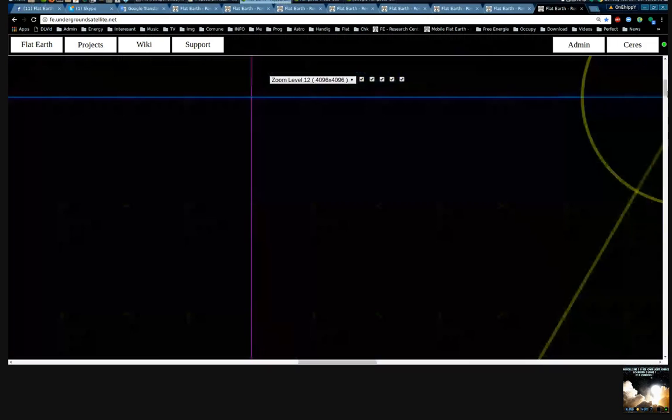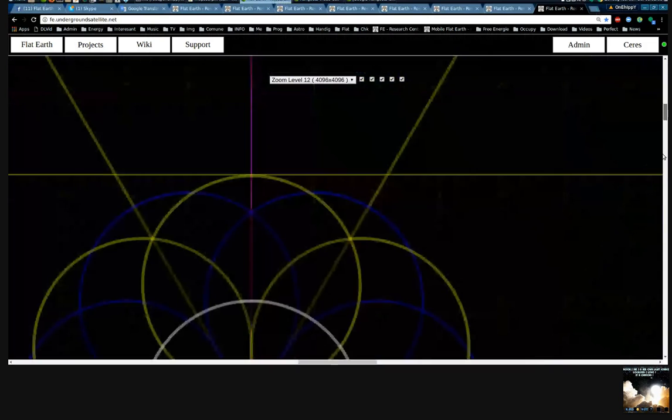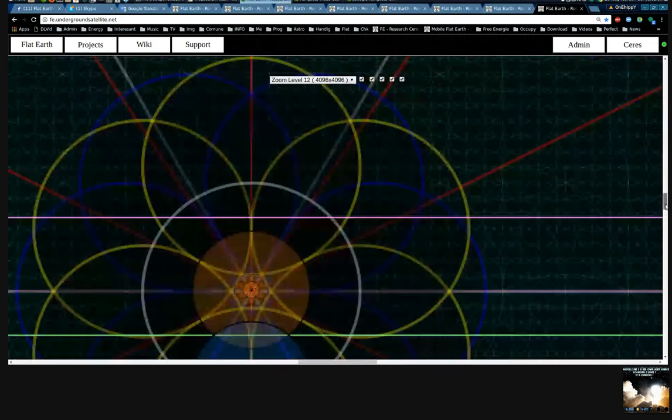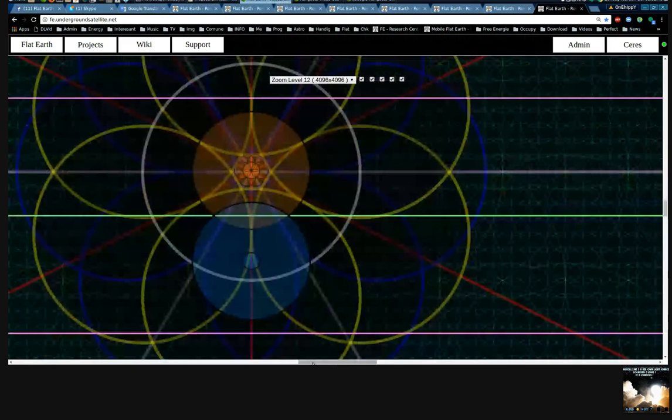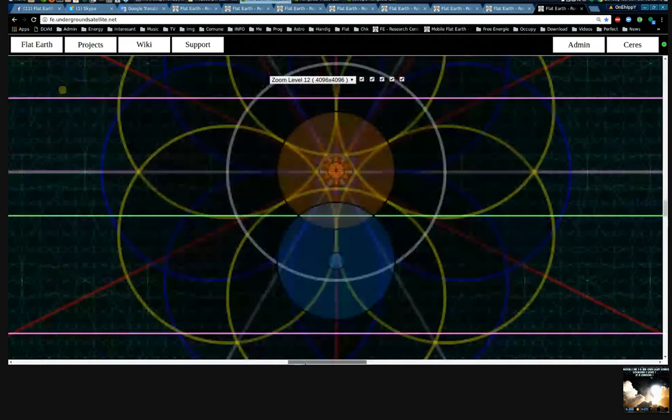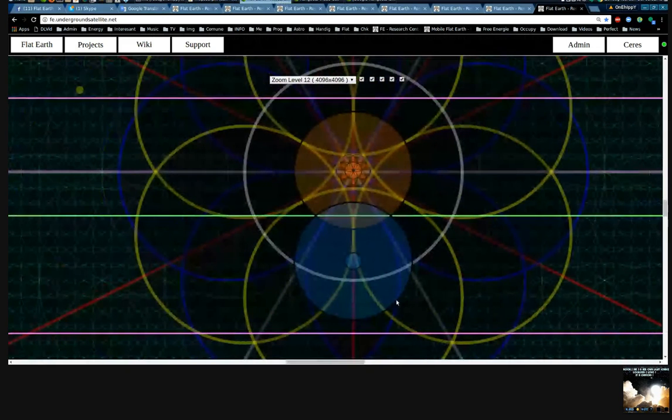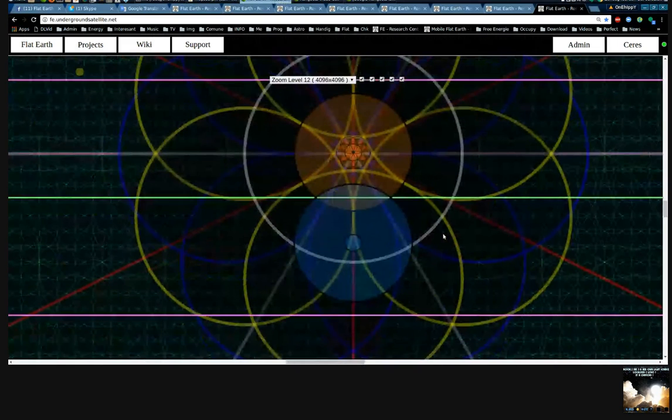What are you going to show me? The blue is the moon, and the orange is the sun. You see it?